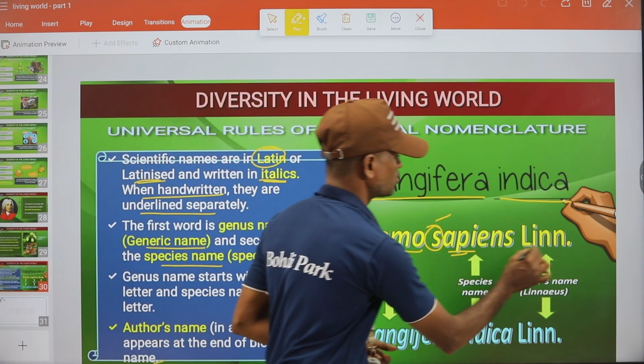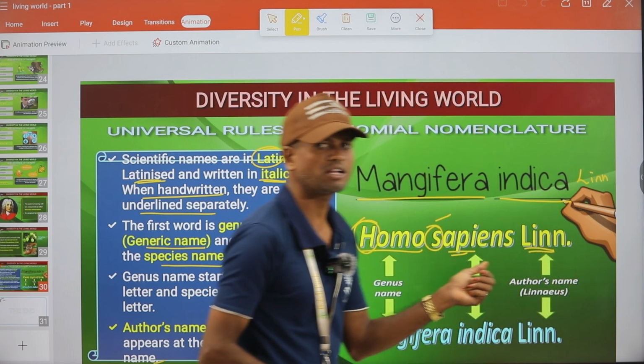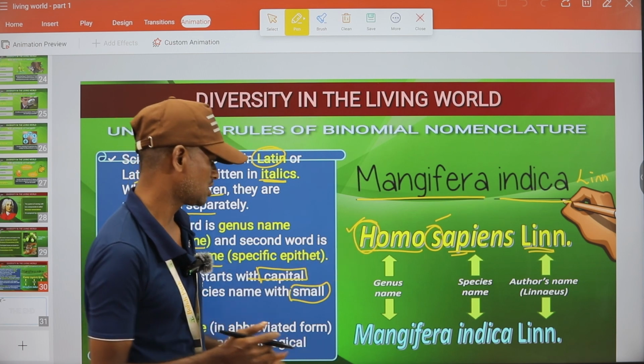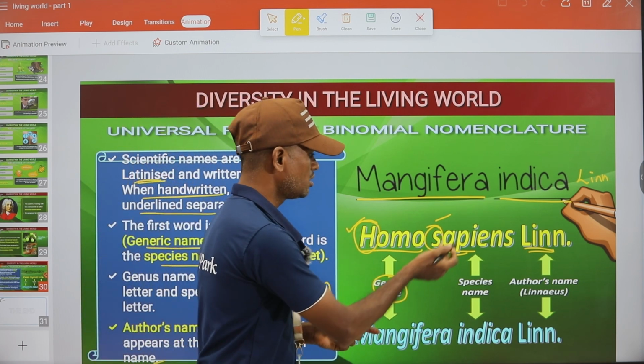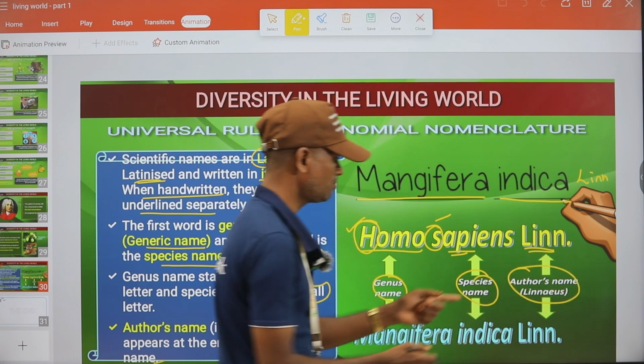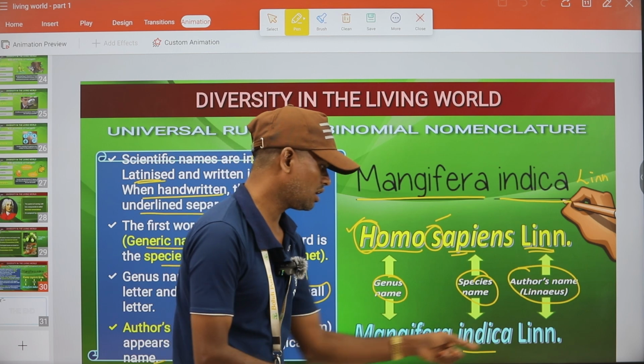Likewise, Mangifera indica Linn means that the name was given by Linnaeus. So Homo is the genus name, sapiens is the species name, and Linn means the author name Linnaeus, right? Same with Mangifera indica Linn.